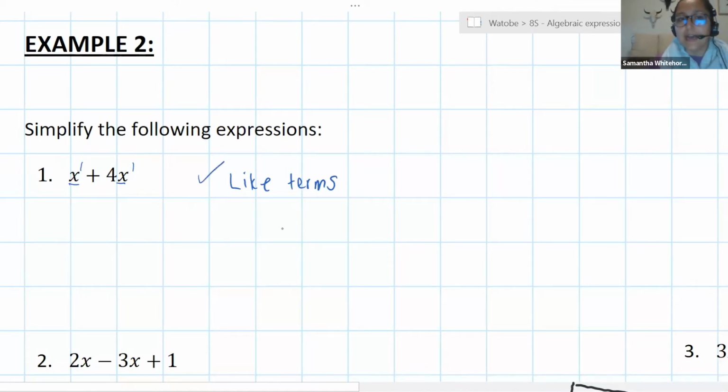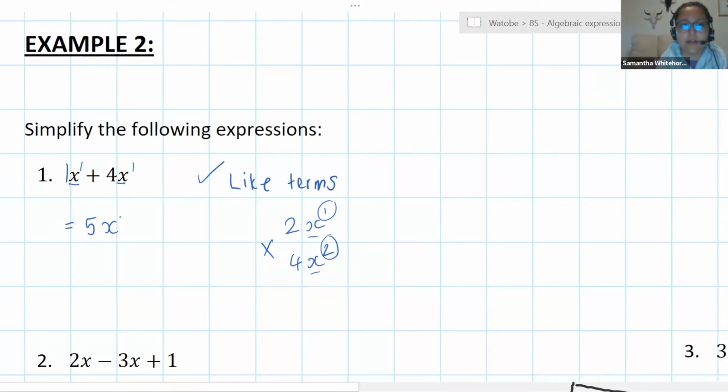Just quickly, unlike terms would be something like 2x and say 4x squared. Even though the variables are the same, the exponents are different. So those are not like terms, right? But I'm seeing that everyone's got this. If we've got 1x or x and we're going to add another 4x, exactly, we have got 5x.